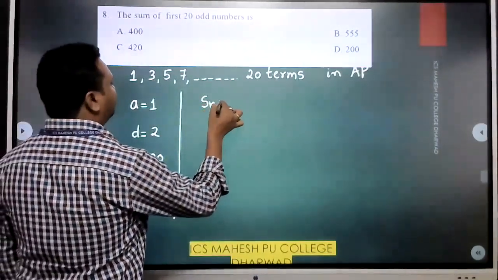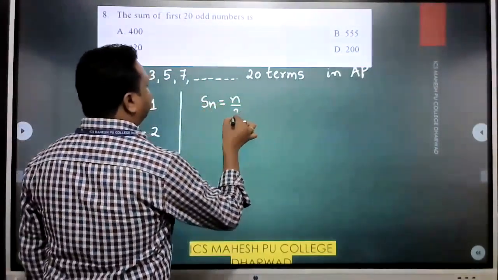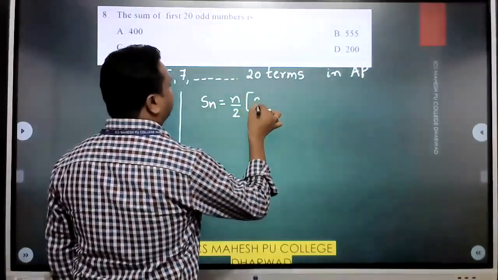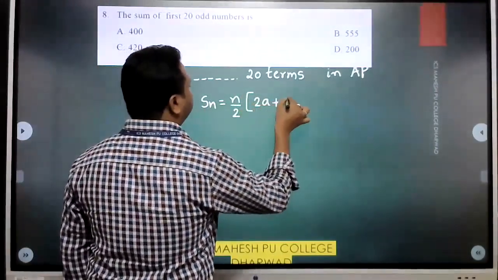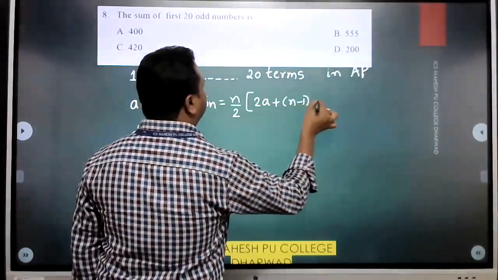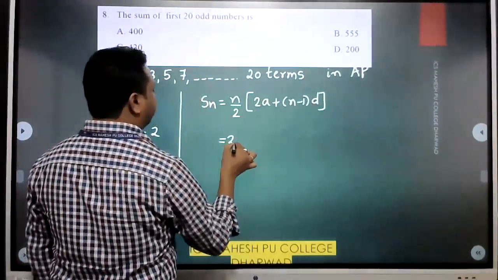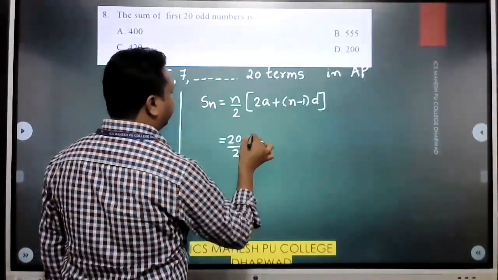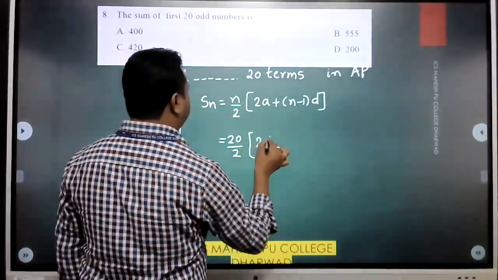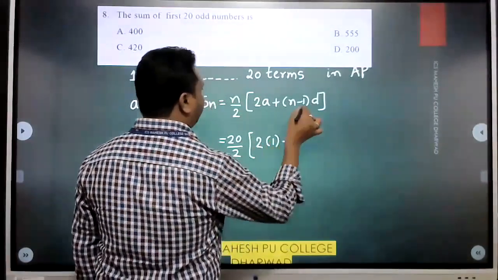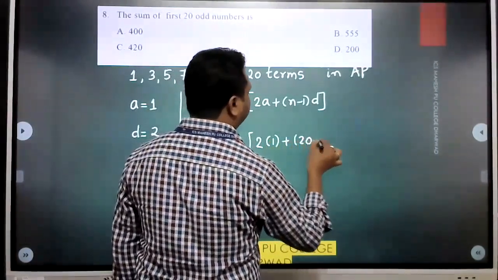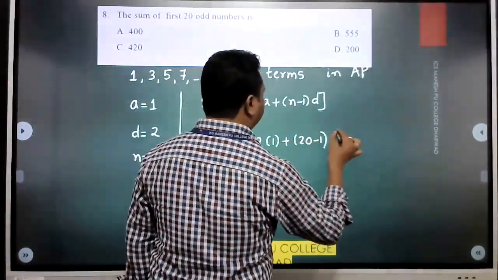Sn is equal to n by 2 into 2a plus n minus 1 into d. Substitute the values. n is 20, so 20 by 2. 2 into a value is 1, plus 20 minus 1 into d, which is 2.